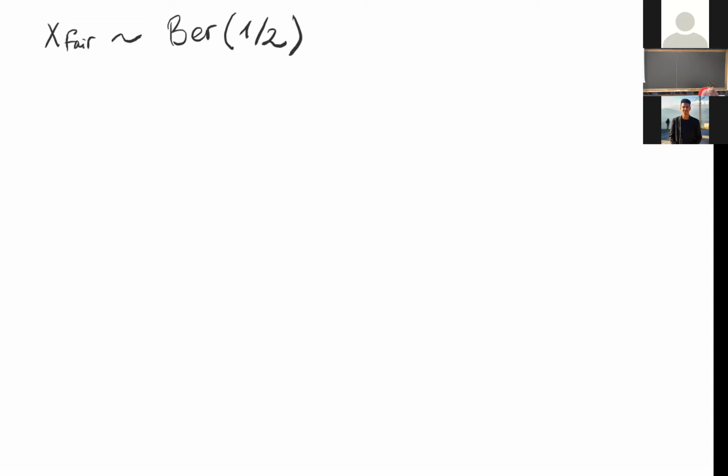So we are asking ourselves what is the entropy of this probability distribution. So we use our formula. It is H of X, which is the probability of the first outcome, which is 1/2, times log 2 of 1 over 1/2, which is 2, plus the same thing.